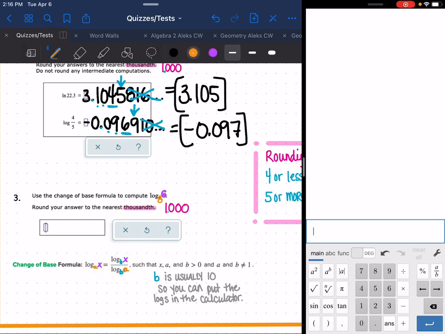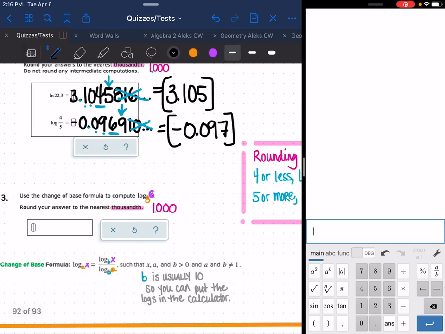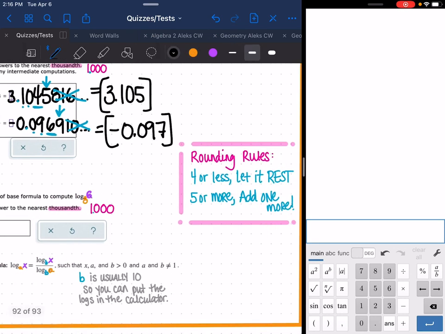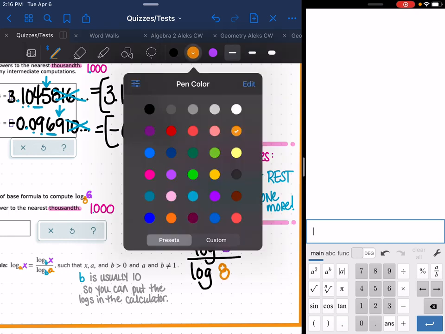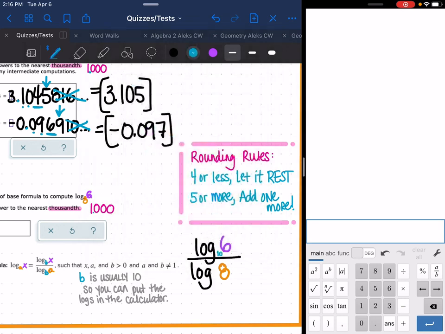So let me grab my color here, and I'm simply going to change it to log of 6 over log of 8. Now you might be thinking, but you didn't put the base, miss. But remember, yes, the base is 10, but I don't need to put it because it's going into the calculator, right? This is just going to go straight into my calculator.